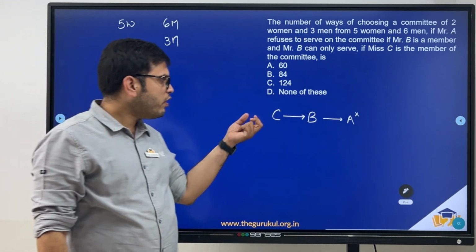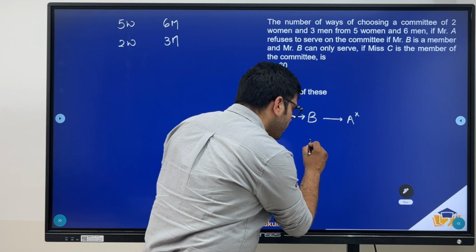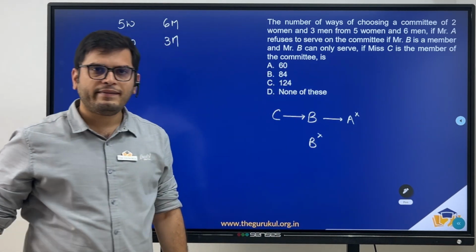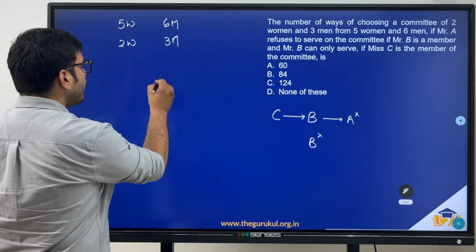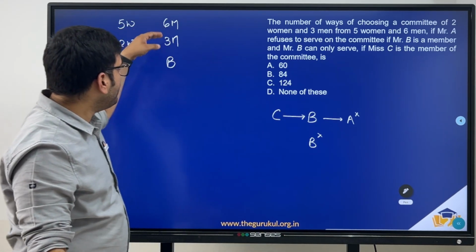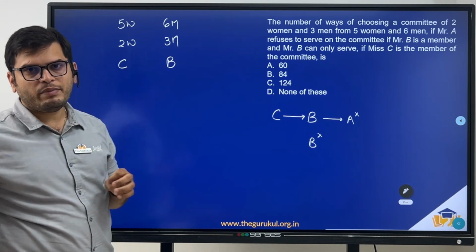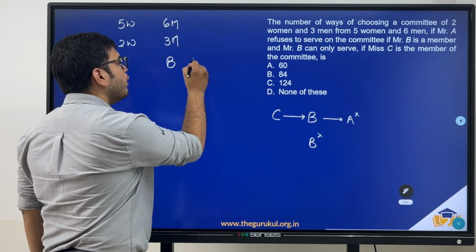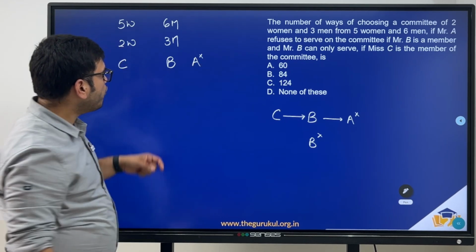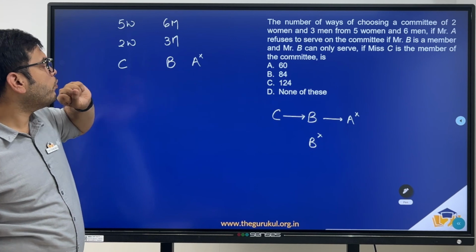So one way of forming the committee is involving B in the committee, and the other way is B not being selected. Now, let me consider B being selected. If B is one among these 3 men, then you should also have Miss C, and you cannot have A. Now, we already have one man here, so we need to select two more men.